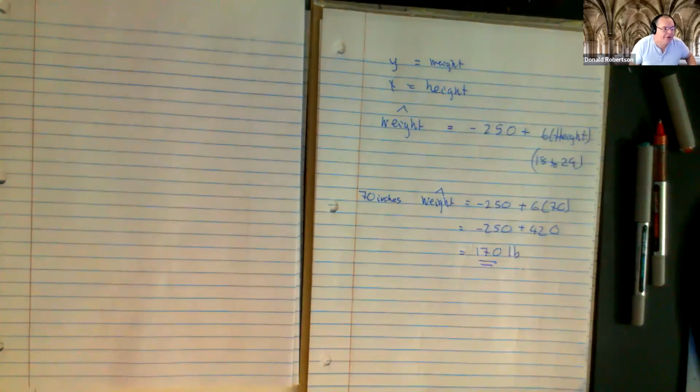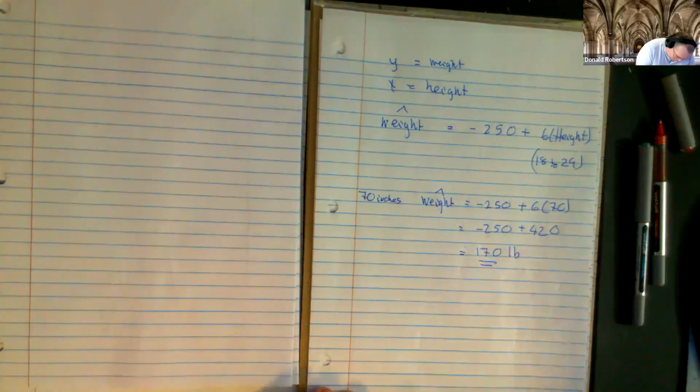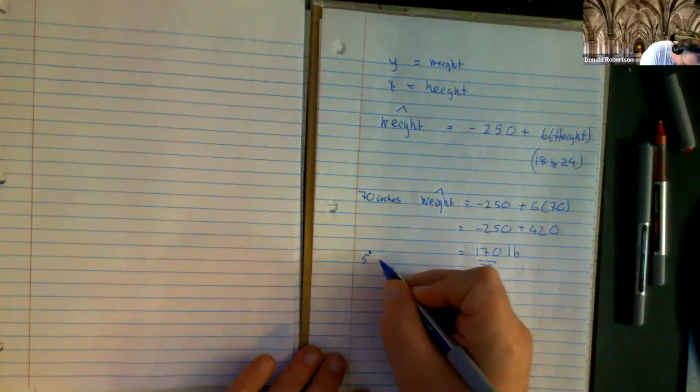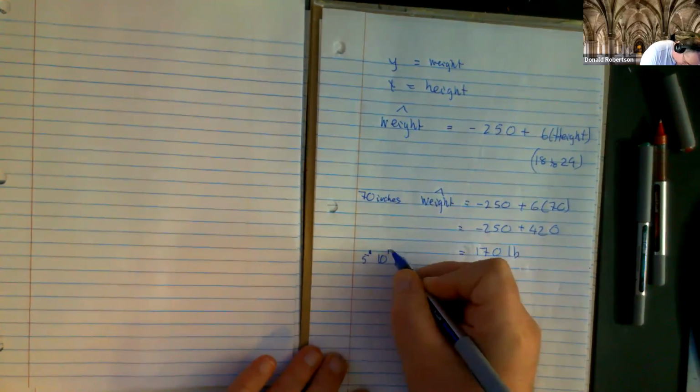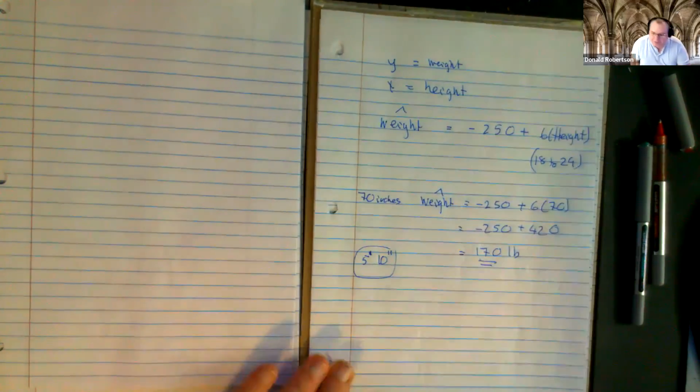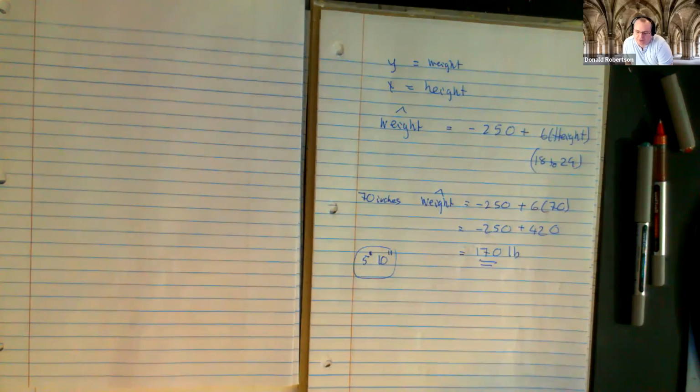I have no idea how accurate that is, but if you're about 5 foot 10 inches, according to them, the average weight of an adult male is 170 pounds.